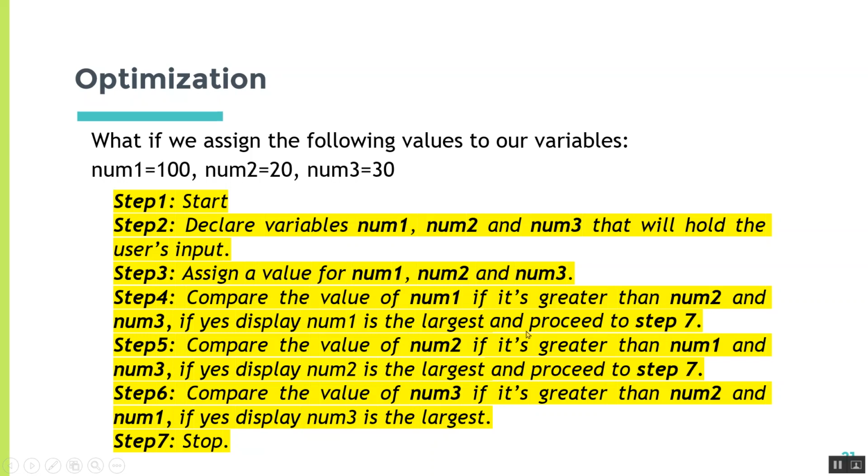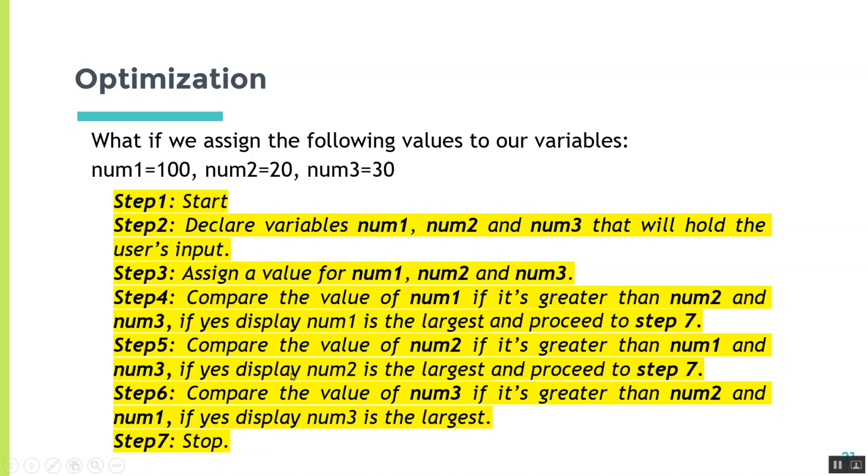It will jump to step 7 and will not go to step 5 and step 6. In step 5, we also proceed to step 7 if num2 is greater than num1 and num3, so it doesn't have to check if num3 is greater than num2 or num1.